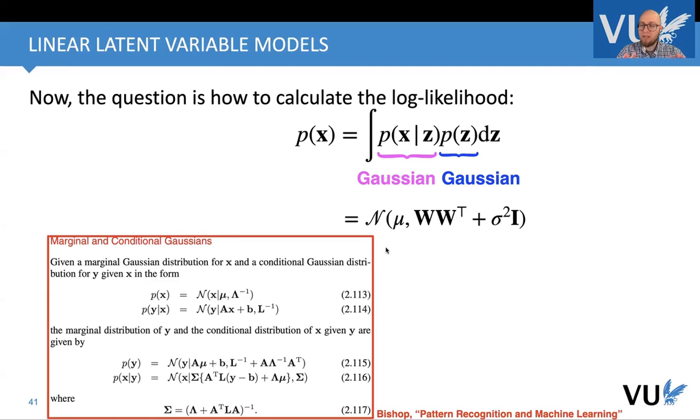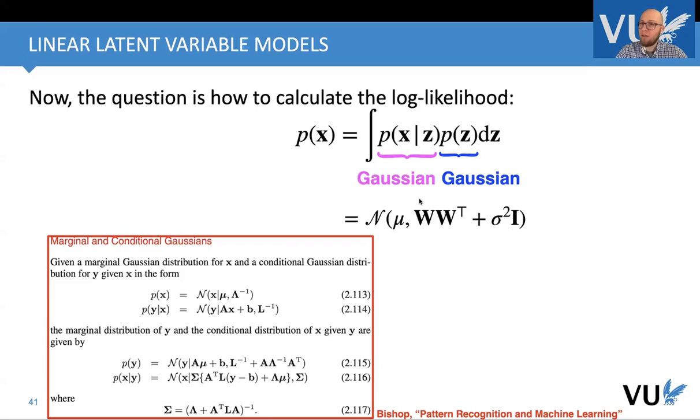Okay, let's take a look at it. It turns out that the distribution over X is a Gaussian distribution with mean given by mu, and now we have a more complex covariance matrix. It's no longer diagonal.